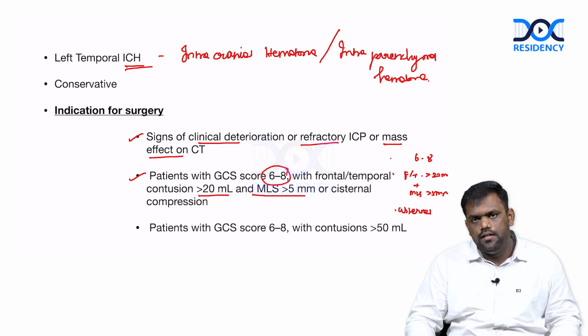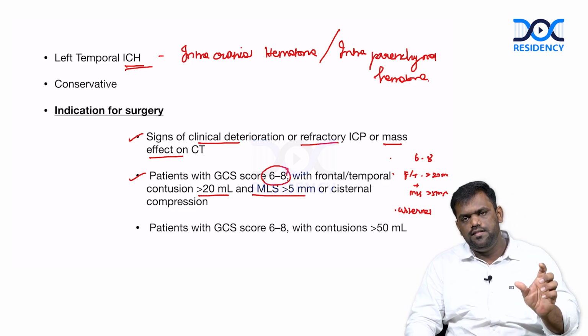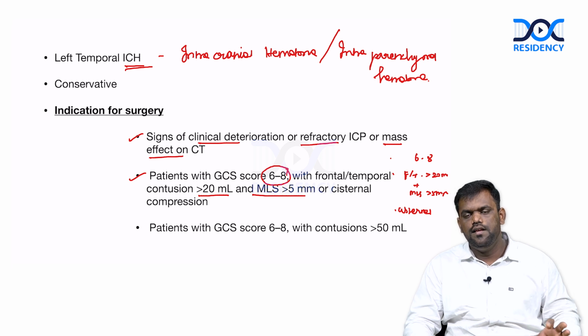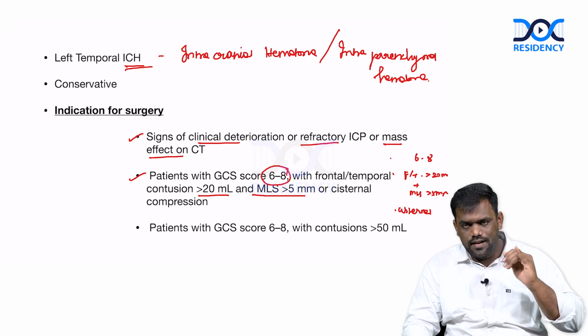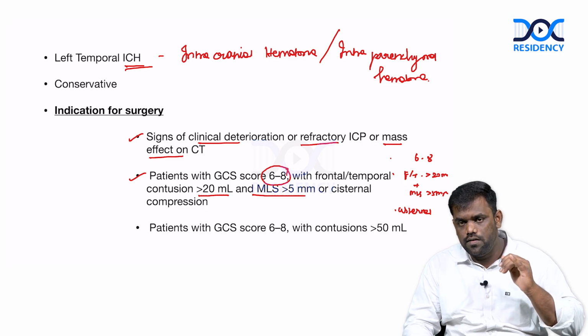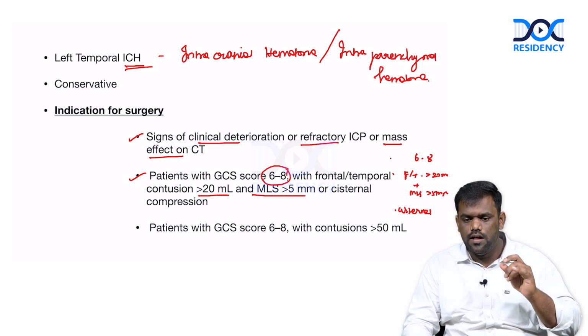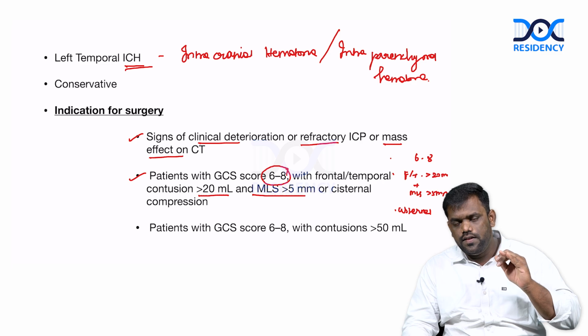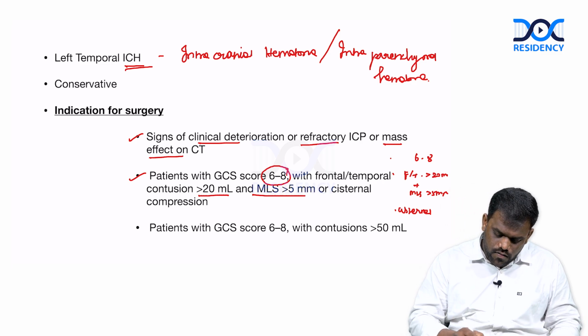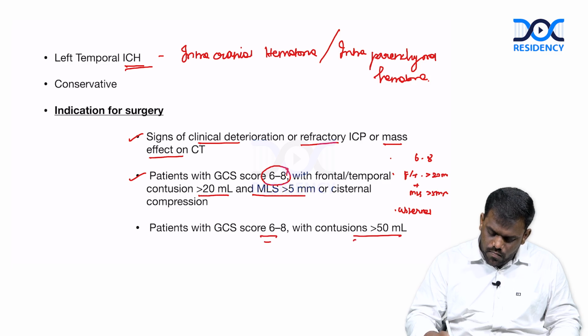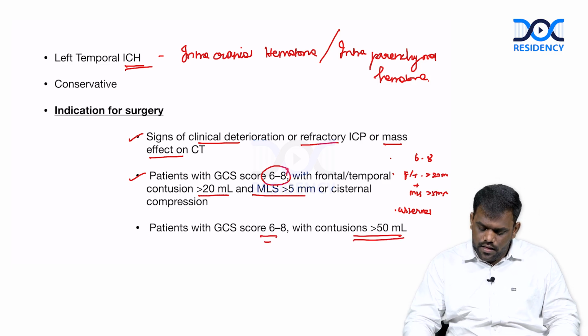Especially if the basal cisterns are compressed, you have to address it as the patient has raised ICP. So, GCS 6 to 8 with a frontal or temporal contusion volume of more than 20 ml, with a midline shift of more than 5 mm or cisternal compression, or GCS 6 to 8 with a contusion of more than 50 ml itself. You have to take the patient for surgery.